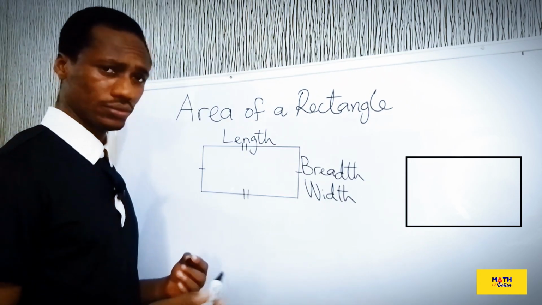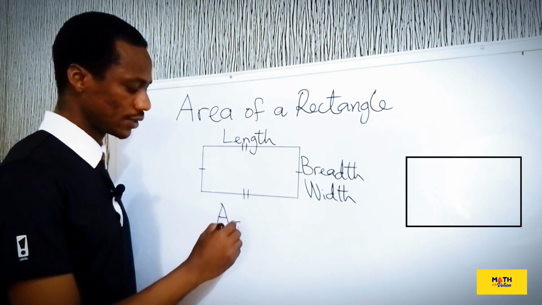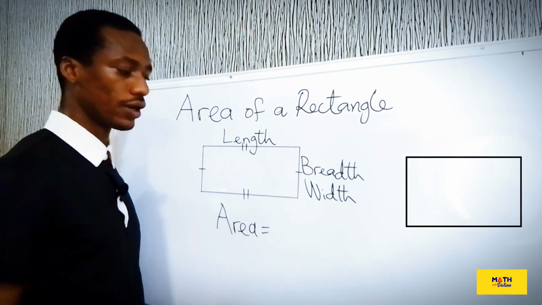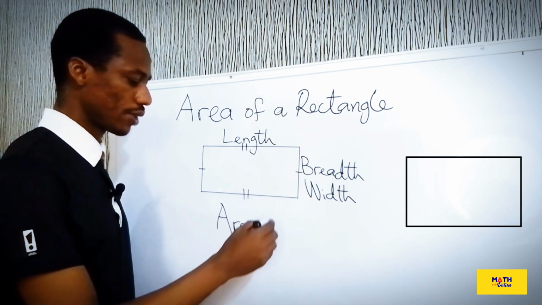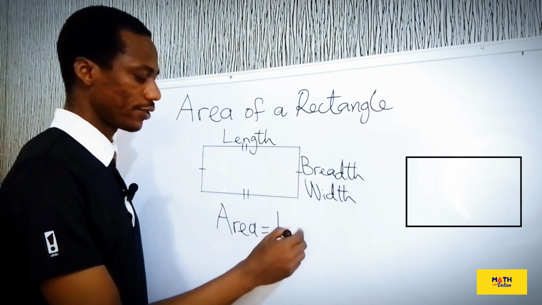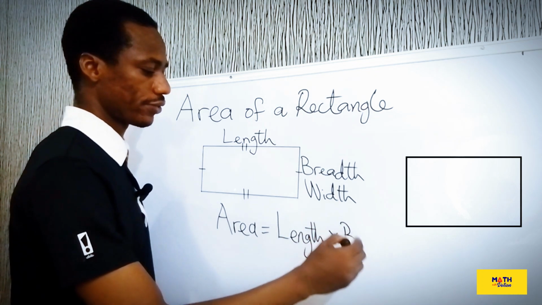All right, having said that, let's talk about the formula for calculating the area of a rectangle. The area of a rectangle is given by the formula length times breadth.